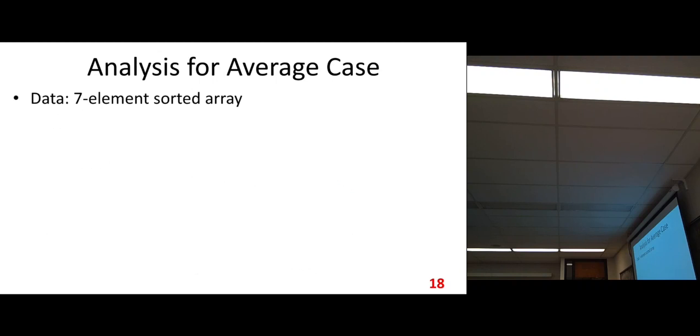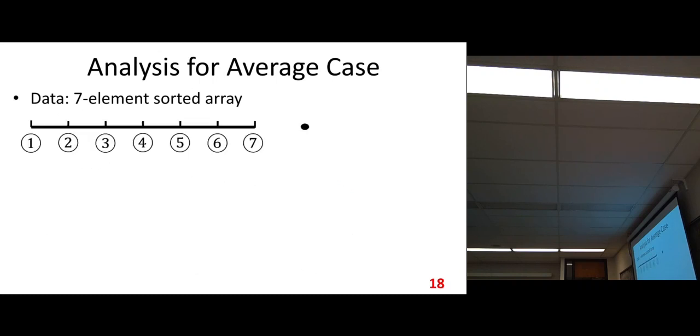A 7-element sorted array. So that's our data. I draw a diagram like this. Sorted. That is our key, and we run binary search. We need an assumption: this V is in the array.